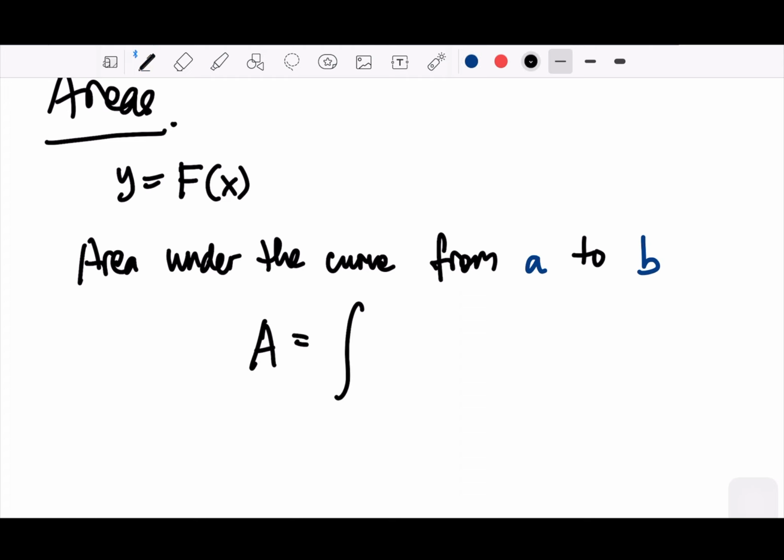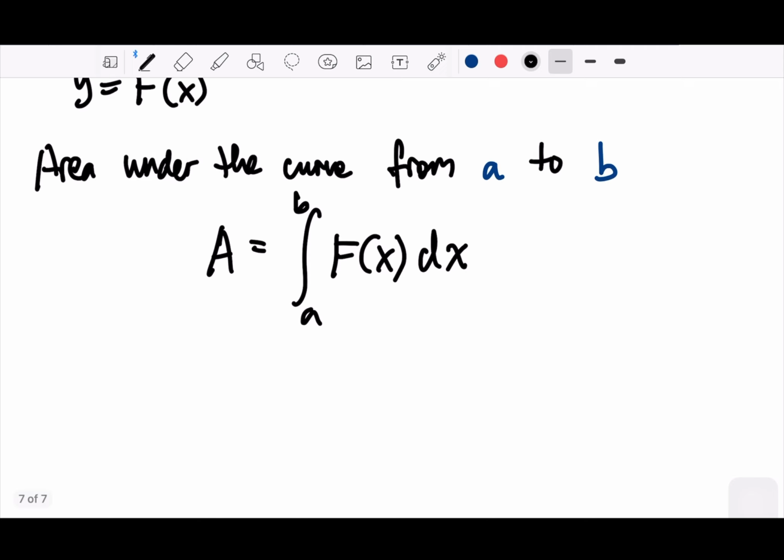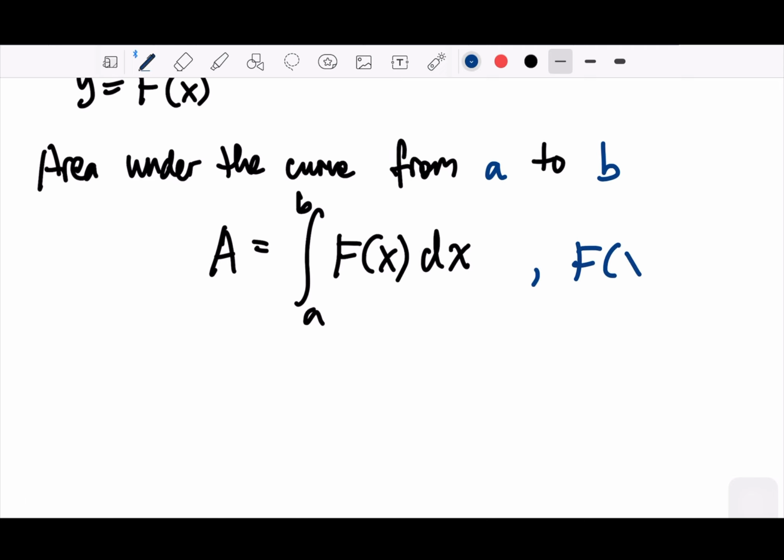Let's say we have the definition from calculus one, that is the integral, where the function itself is positive.